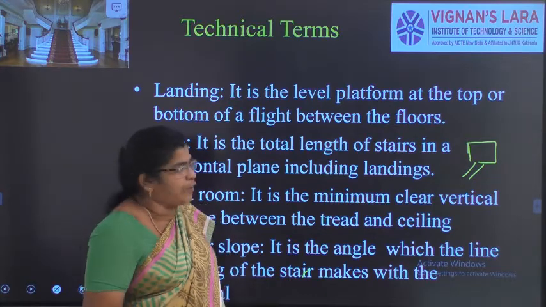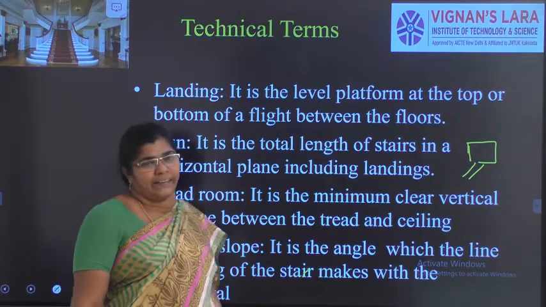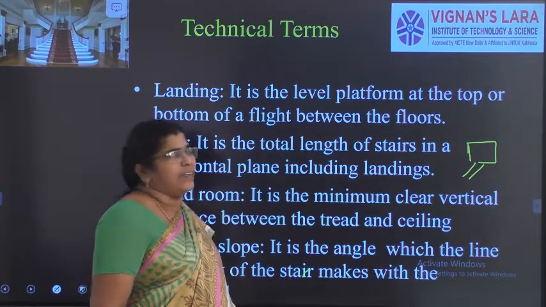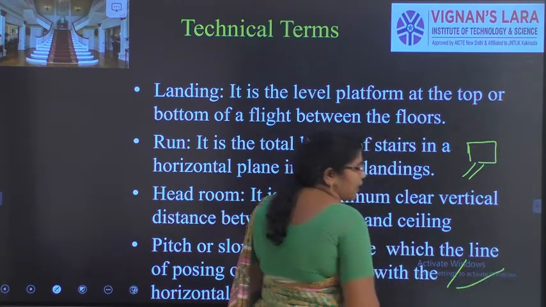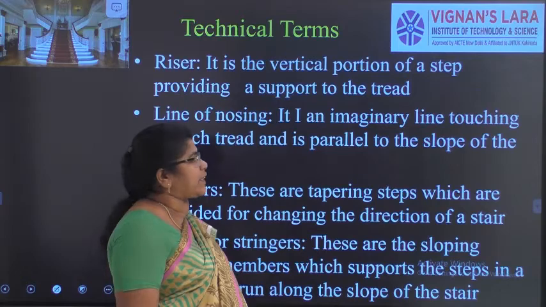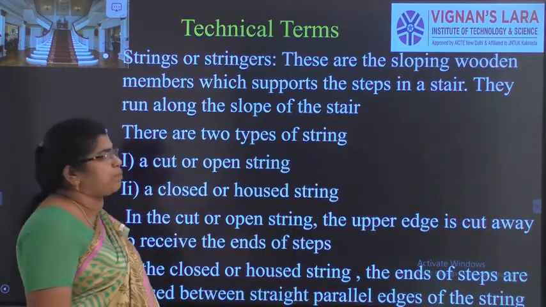We will have a headroom. That we call a headroom. Pitch or the slope is the angle at which the riser and thread are set. Some parts you can see are very steep, some parts very gentle. That slope we call a pitch. As I told you, it differs from building to building, right?